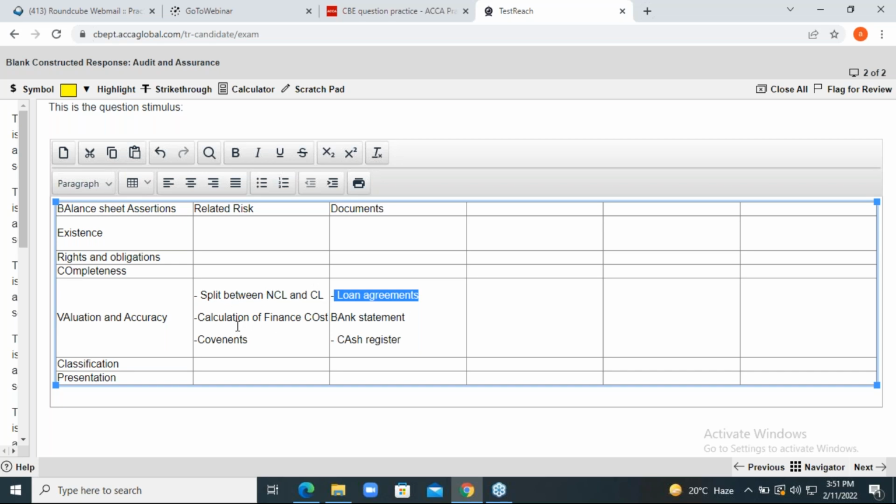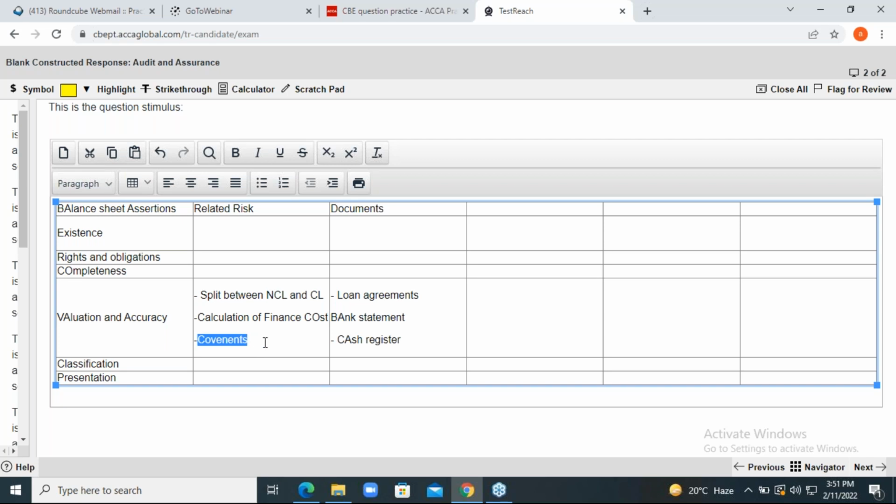All these can be confirmed. So recalculation of non-current liability and current liability to see whether the split is properly apportioned through the loan agreement. So this can be the procedure. For calculation of finance cost, the procedure can start from recalculation of finance cost. Covenants, we would inspect the loan agreement to see covenants.